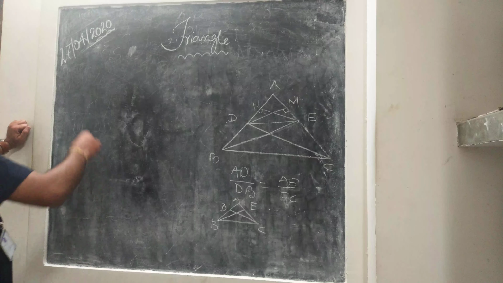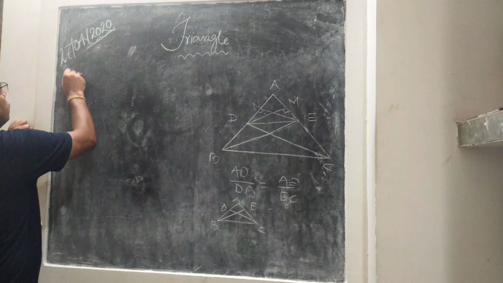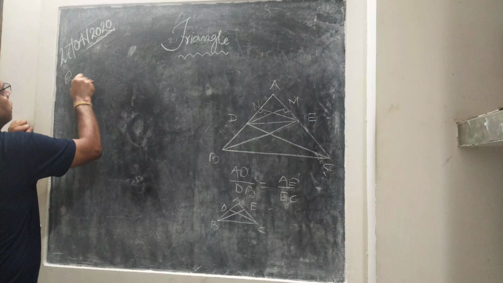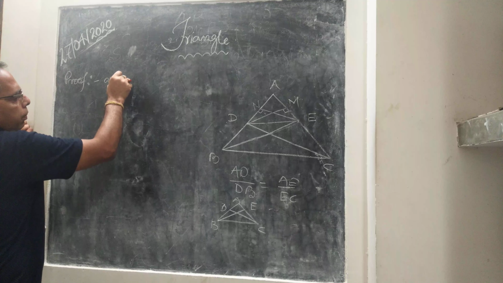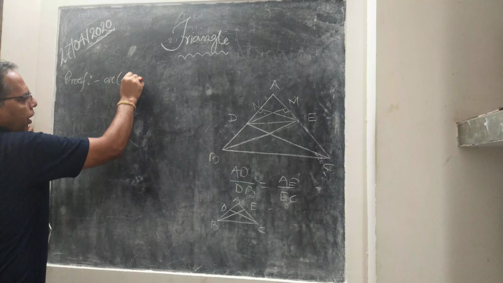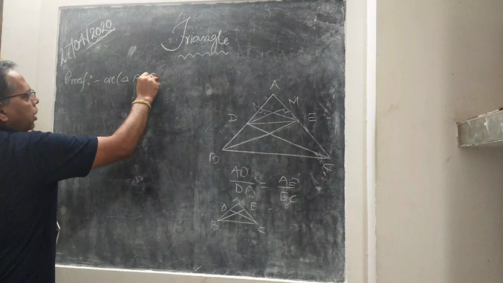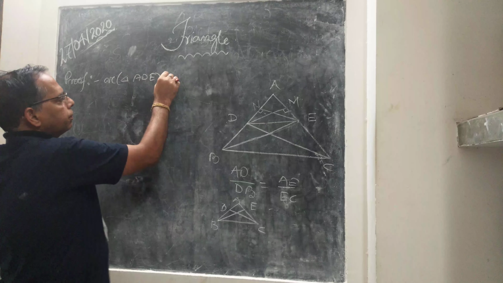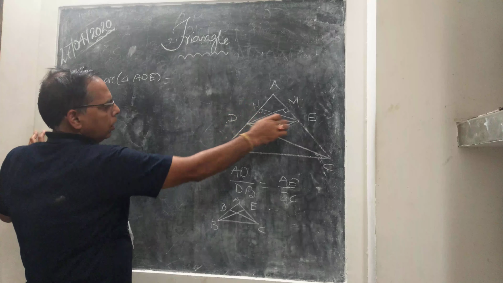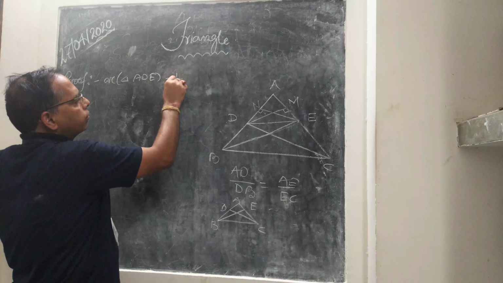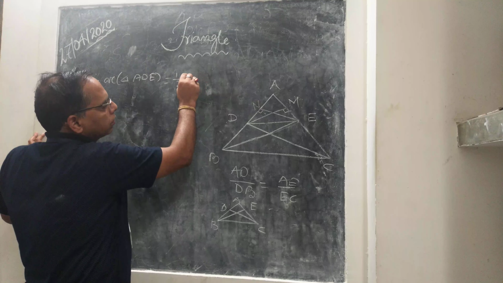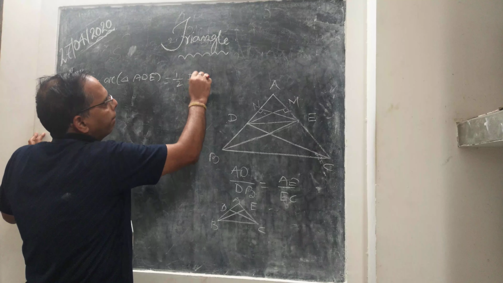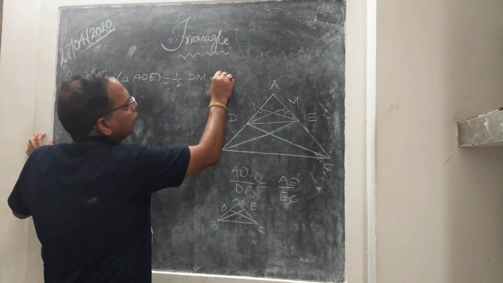So, proof. Area of triangle ADE equal to what? Half into DM into AE.